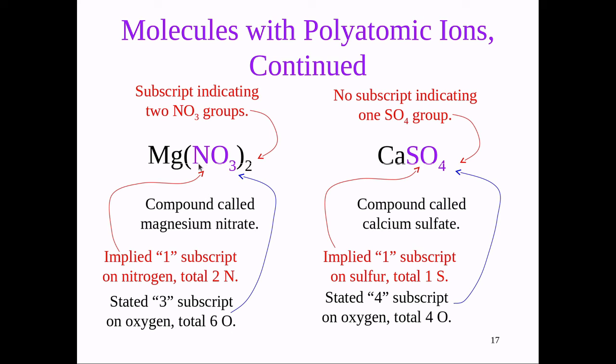So a single nitrate has 1 nitrogen and 3 oxygens. But because there's 2 of them, there's going to be 2 nitrogens and 6 oxygens in magnesium nitrate. Over here, where we don't have the parentheses, it operates exactly the same way as you would predict it to. You have 1 sulfur and 4 oxygens for your atom count.